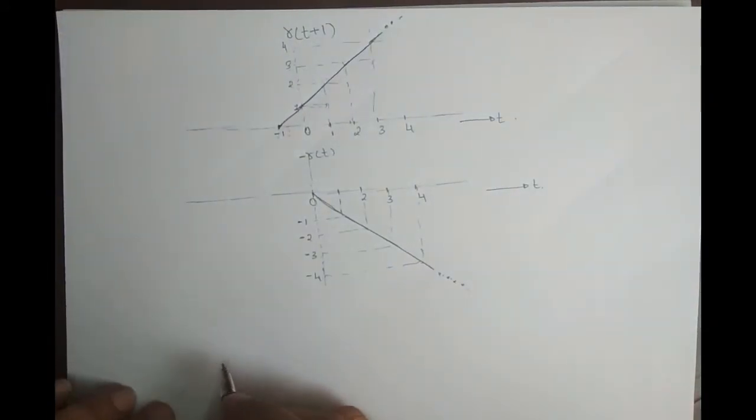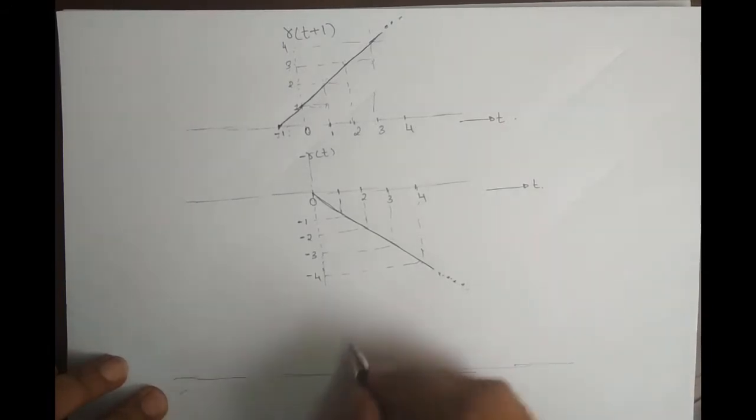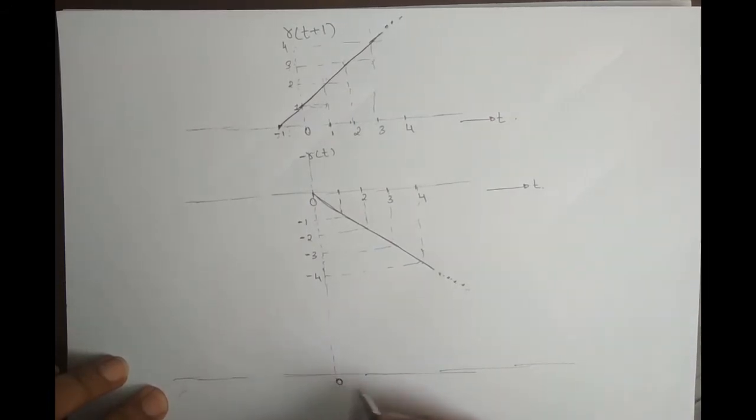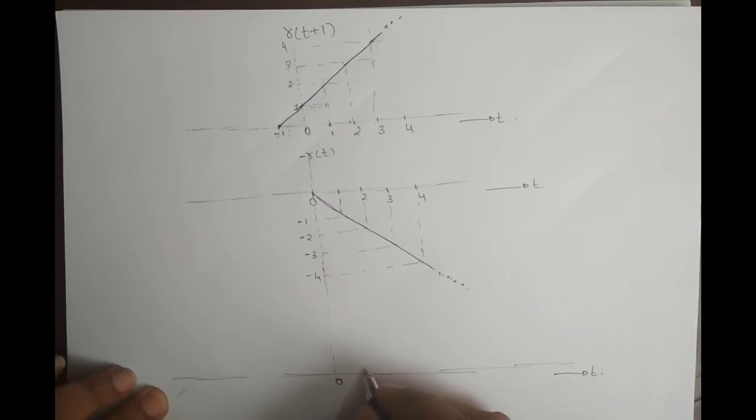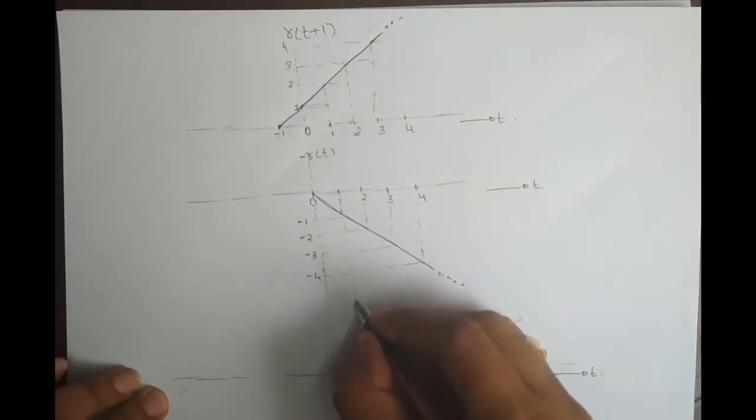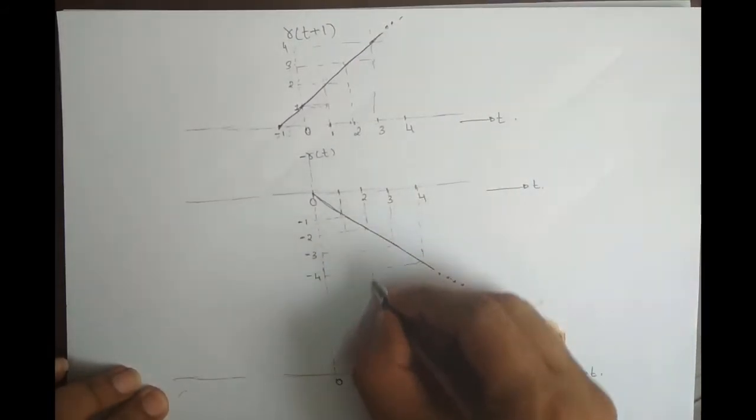Okay, next I need to sketch r of t minus 1. So this is the axis at t is equal to 0. This is independent variable t. So it is t minus 1. Therefore, is the signal r of t shifted right or left?